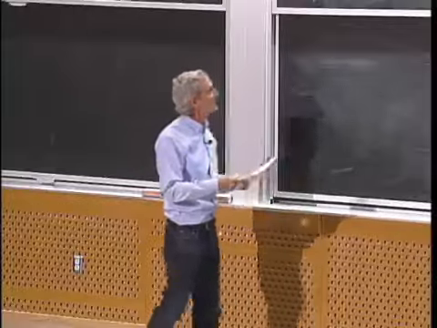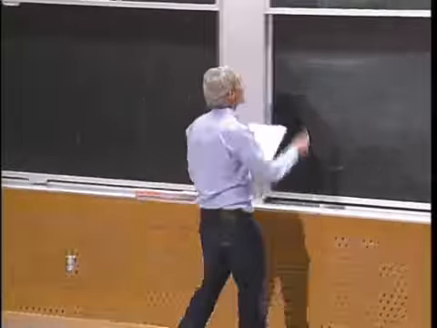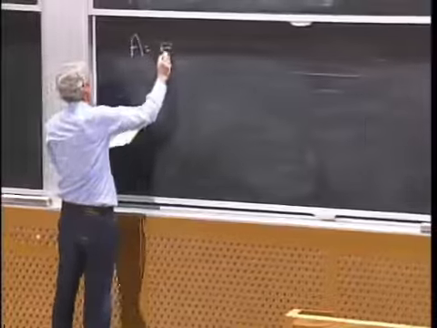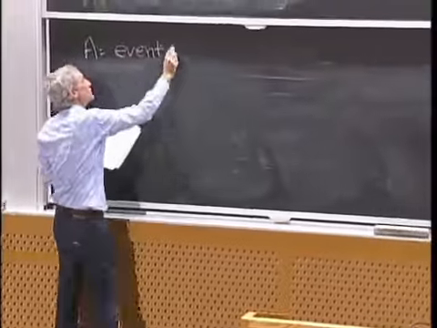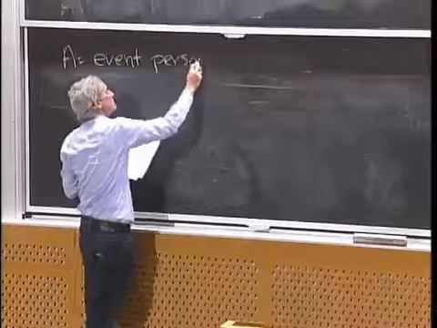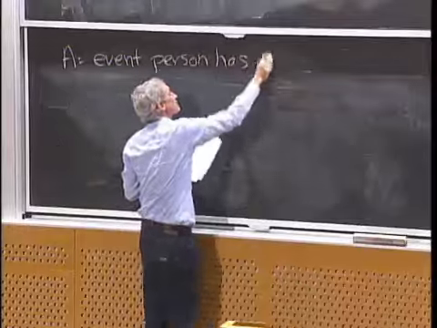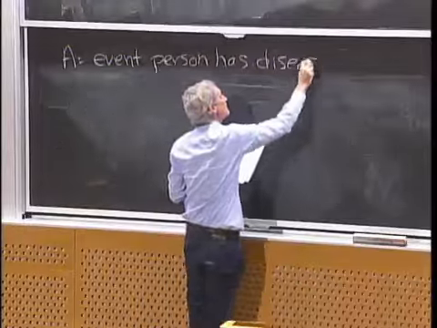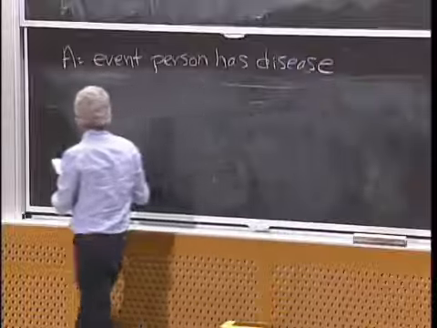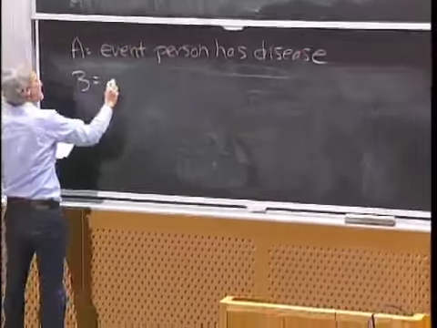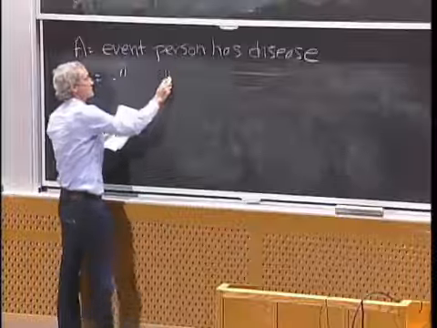But let's figure out the answer. It's easy to do. So A is the event the person has the disease. And B is the event that the person tests positive.